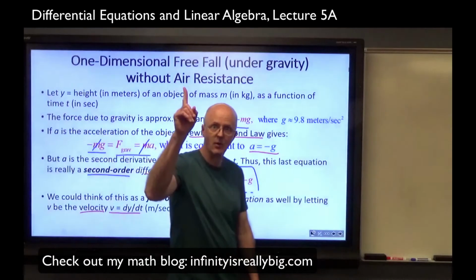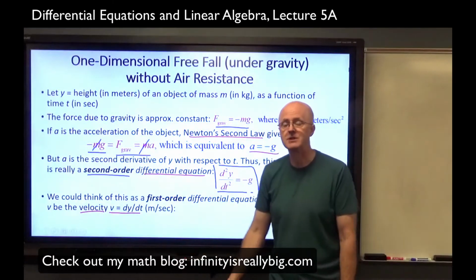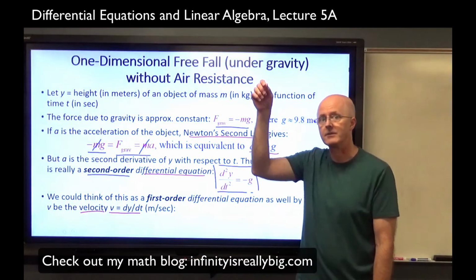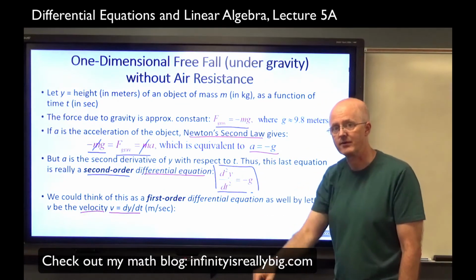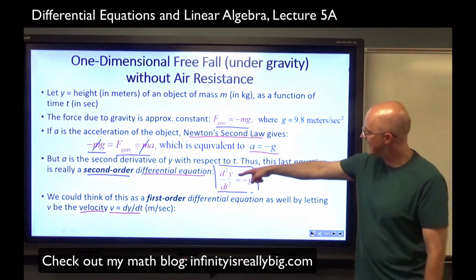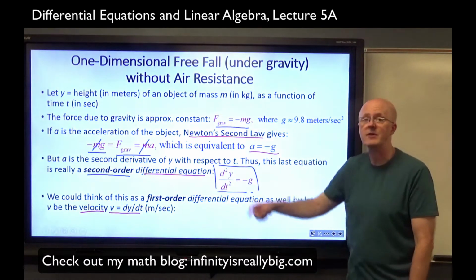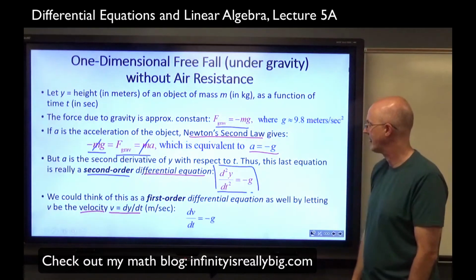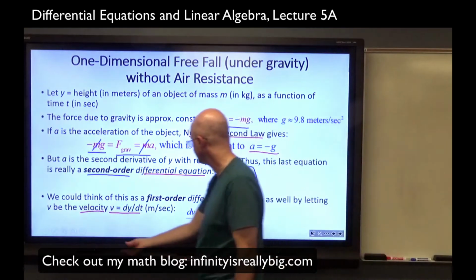Also positive going upward. In other words, if the object is moving upwards, the velocity is positive, and if the object is moving downwards, the velocity is negative. Just replace that second derivative of y with respect to t with a first derivative of v with respect to t. It's an equivalent equation.